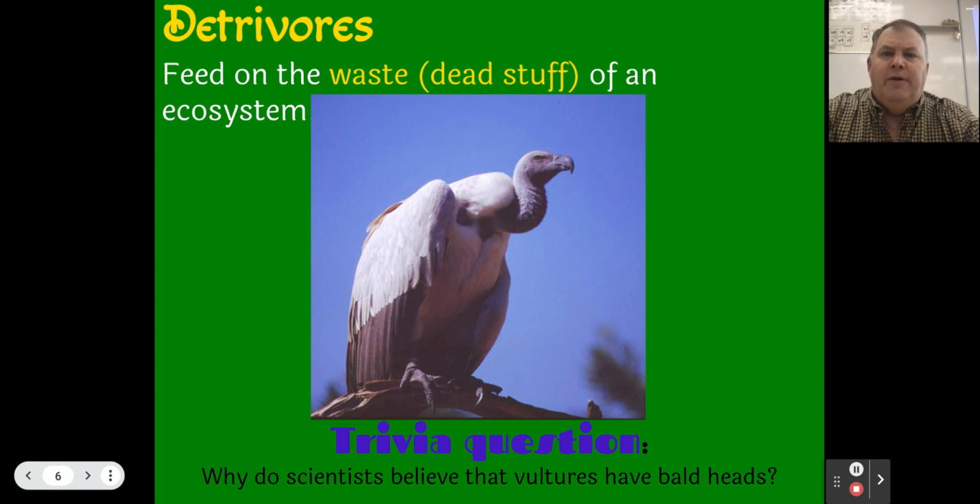If you've ever seen those turkey vultures, they have a similar appearance. They're a little different colors, but they all have bald heads. And one of the trivia questions that is typically asked is, why is that? Why do they have a bald head and an absence of feathers? Well, it probably has something to do with most of these vultures living in desert areas, where the way that they manage heat is really important.